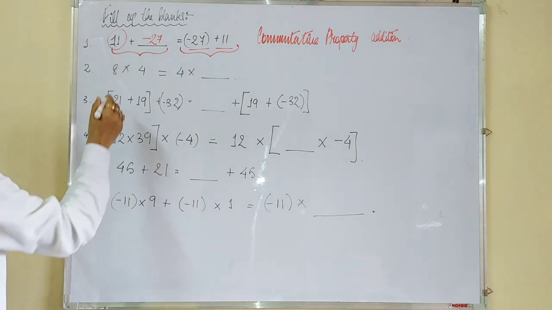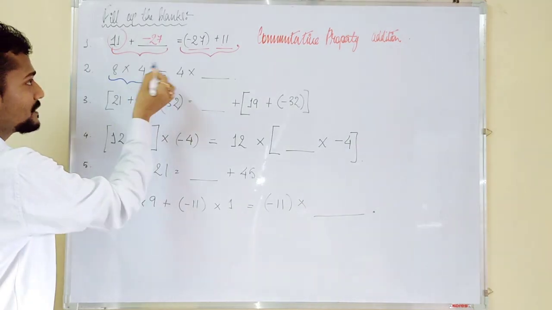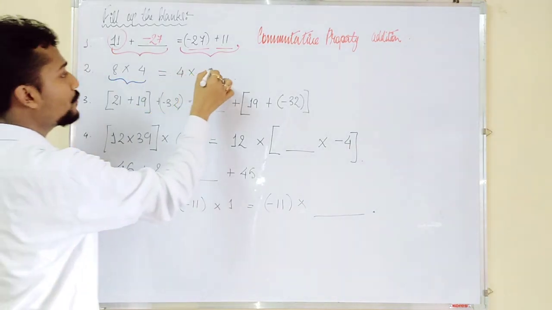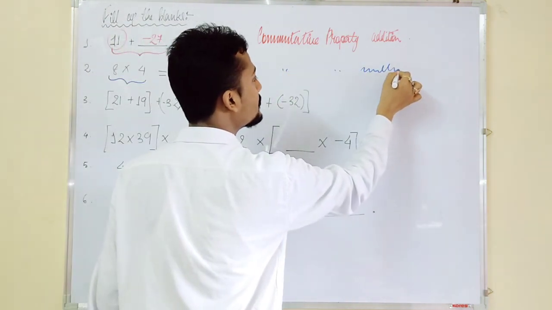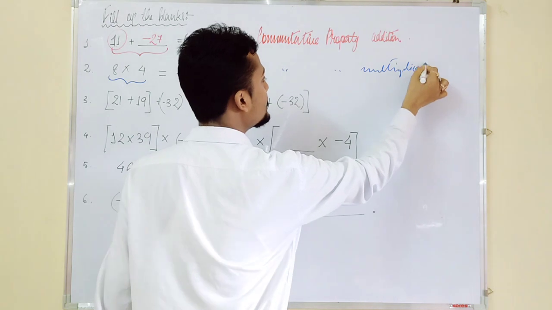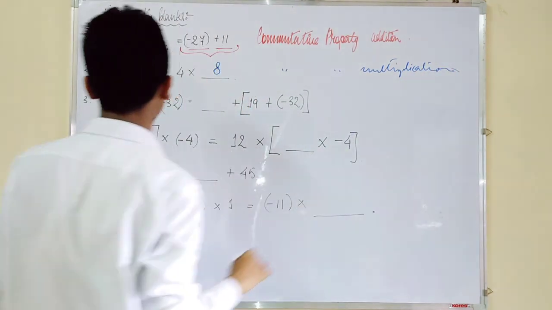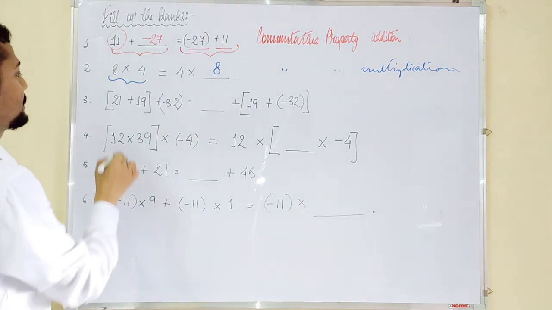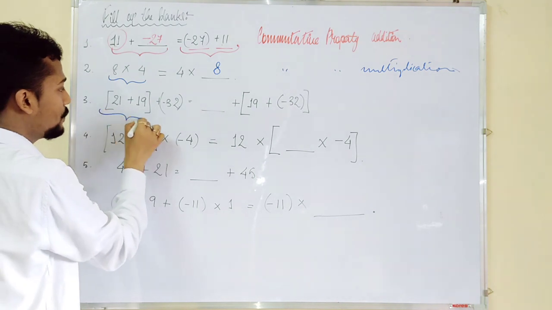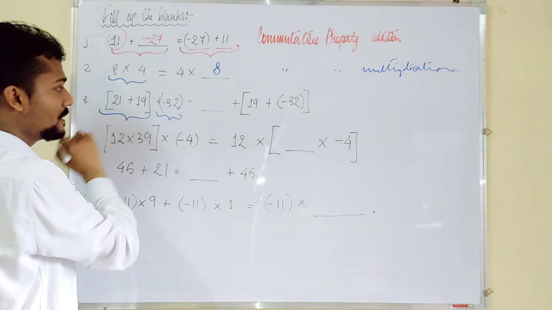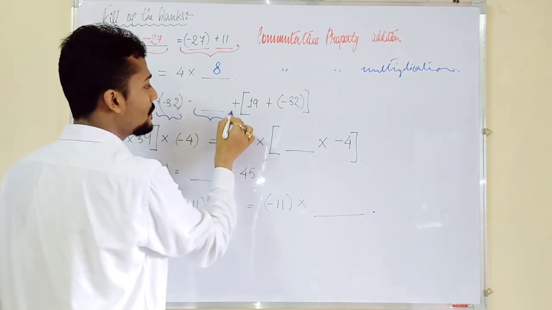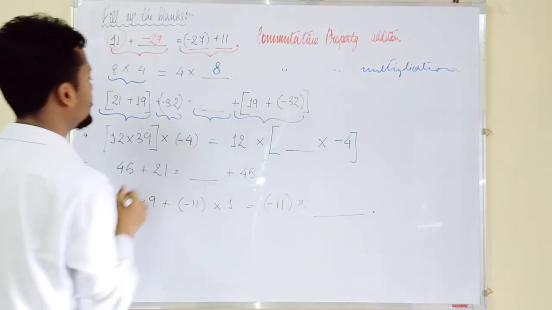Next one. So here 8 into 4. Similarly, 8 into 4 is equal to 4 into 8 by commutative property of multiplication. Okay. This particular part, 21 plus 19 plus minus 32 is equal to dash plus 19 plus minus 32.